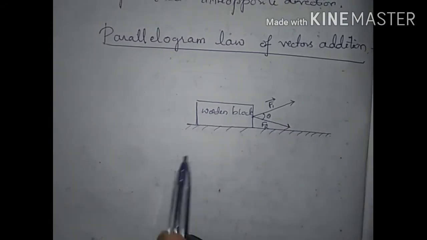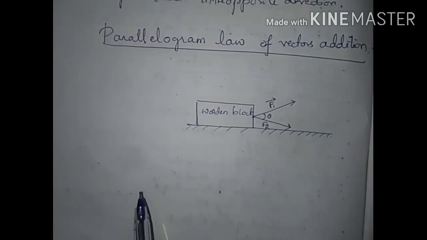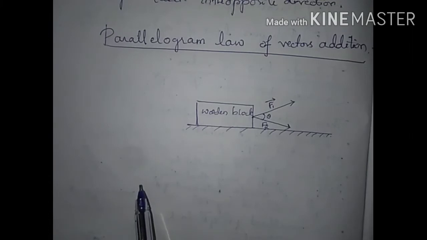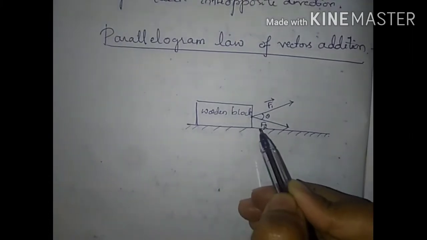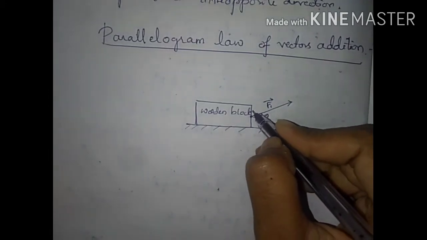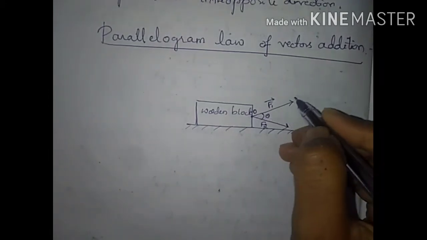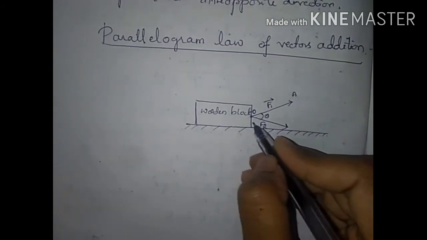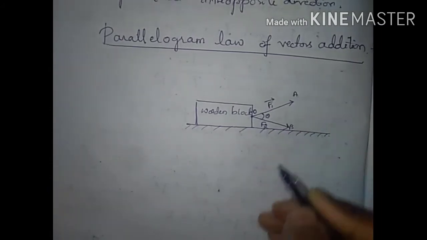There is an angle theta between these two forces, but both act at the same point. Let's suppose this point is O. So F1 is OA and F2 is OB.